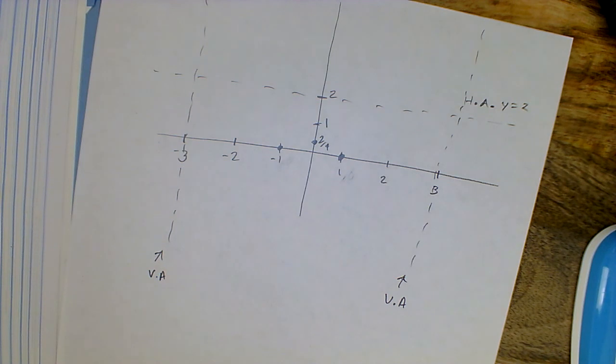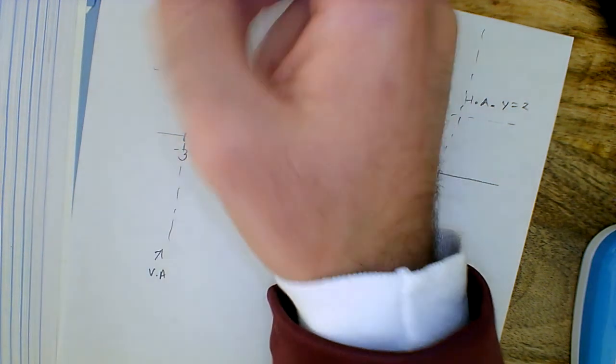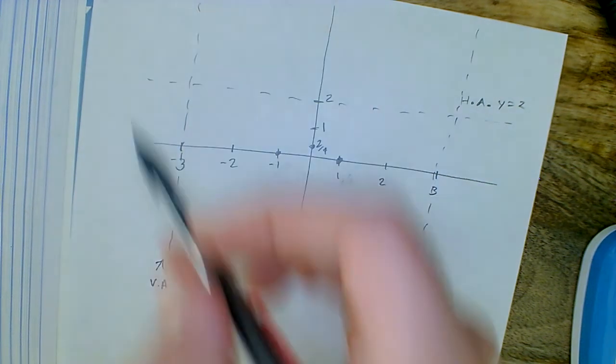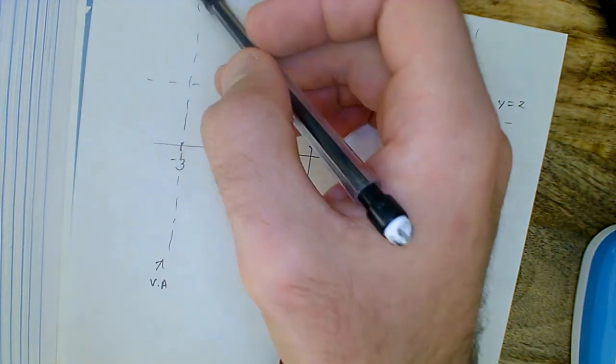So now I need to look at the behavior. Is this a vertical asymptote where it's going to approach -infinity on the side of 3, on the side of -3?